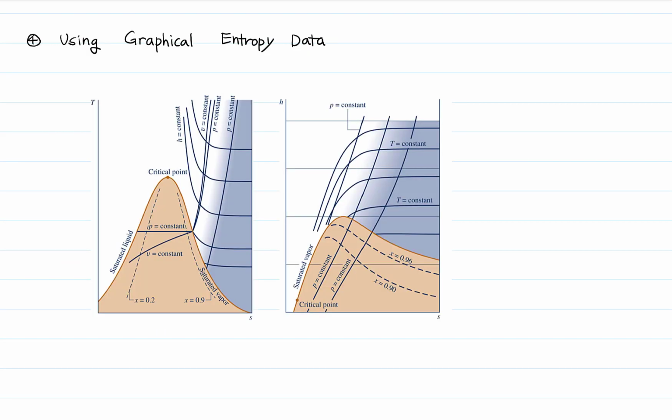The thermodynamic properties are also shown in the temperature-entropy diagram or TS diagram and the enthalpy-entropy diagram or HS diagram. The HS diagram is also called a Mollier diagram. These diagrams are useful as they visualize the change in thermodynamic property.